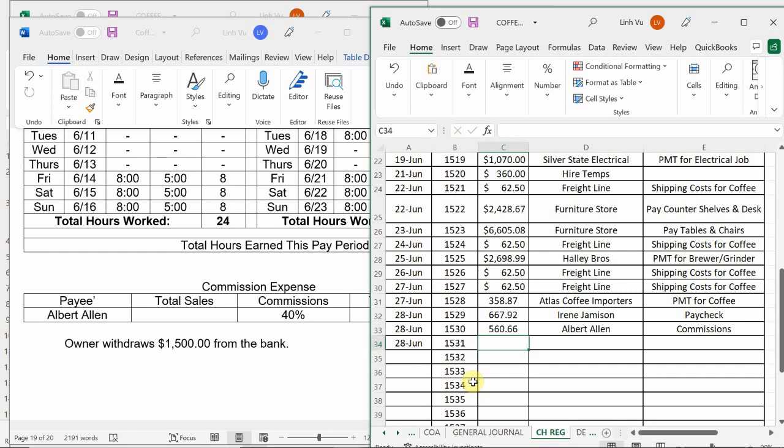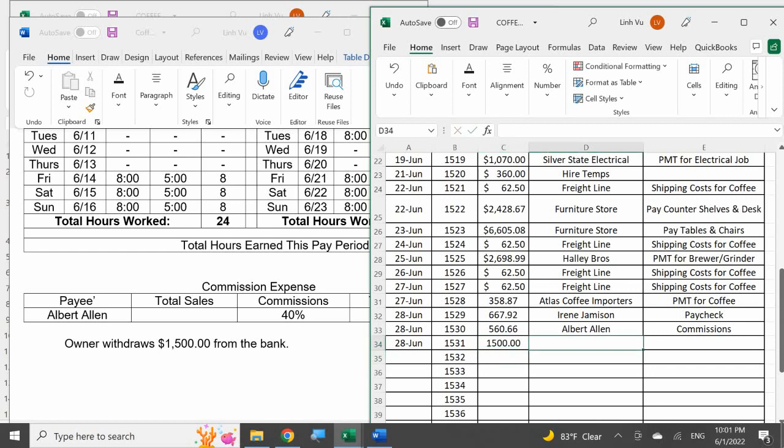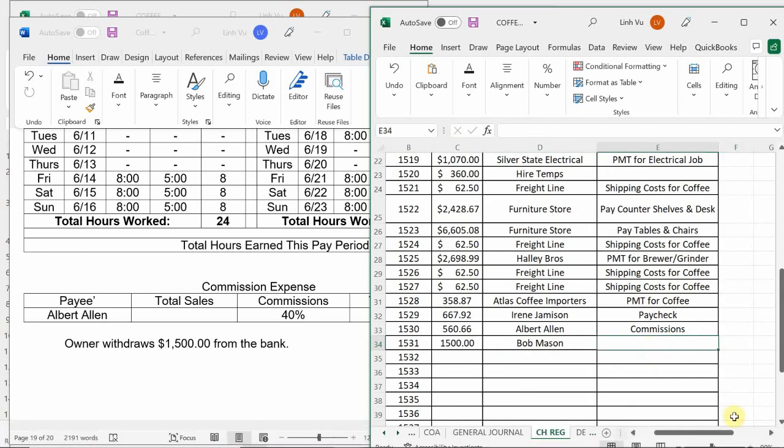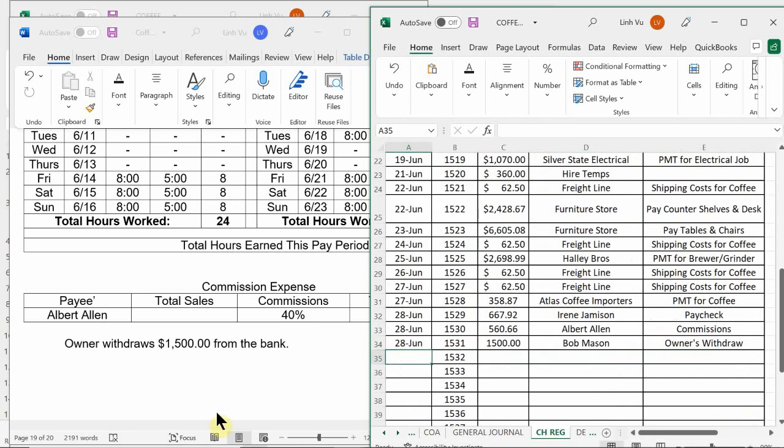Okay? So in this case, he wrote a check, check number 1531 for $1,500 to the owner, Mr. Bob Mason. Okay? And what was this for? Owner's withdrawal. So we wrote a check out, 1531.